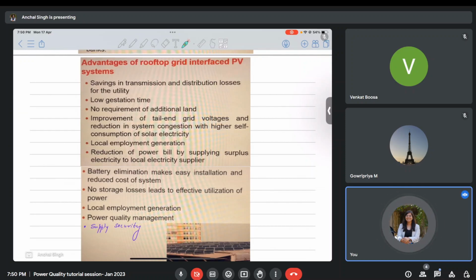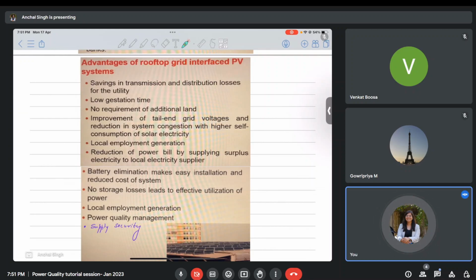And if you talk about Indian panels, the warranties of these panels are in the range of 10 to 15 or 20 years. So you can easily run the same panel by maintaining it properly for such a long duration of time. So therefore, these are the advantages of these types of rooftop grid interface PV systems.